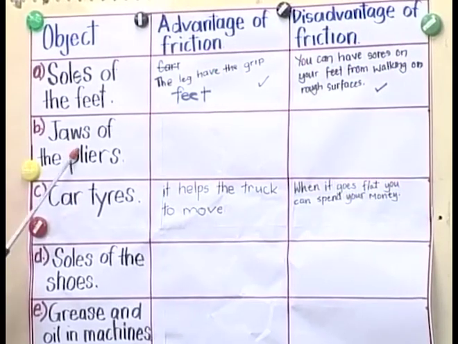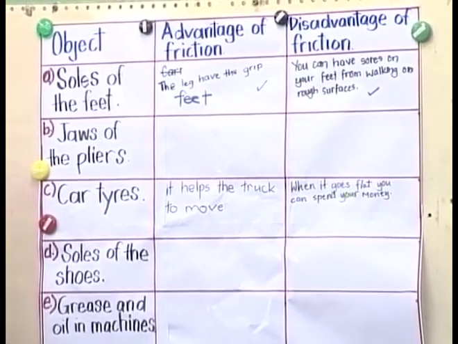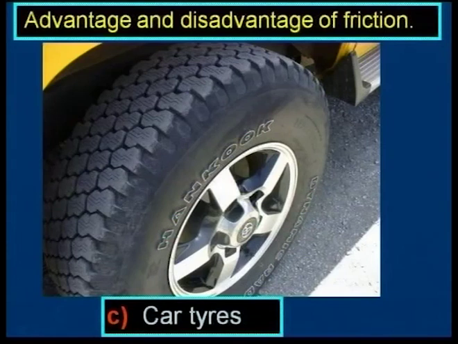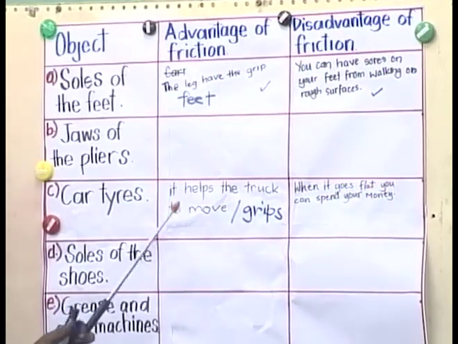Now they left jaws of pliers. Let us look at the car tires. Car tires, advantage of friction is that it helps the truck to move. The tire grips the ground and helps the truck to move.